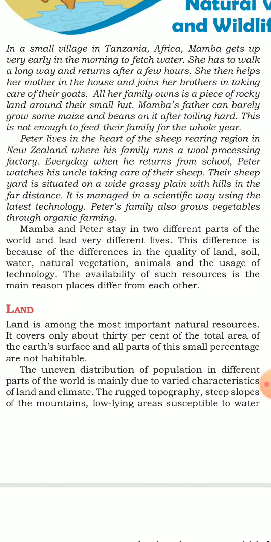About 70% of the earth's surface is water and only 30% is land. The total population of the world lives on this small portion of land.